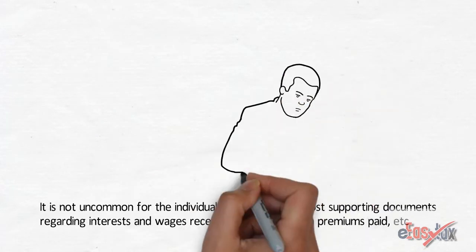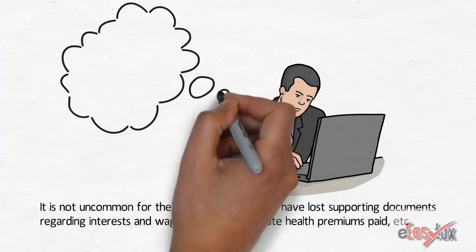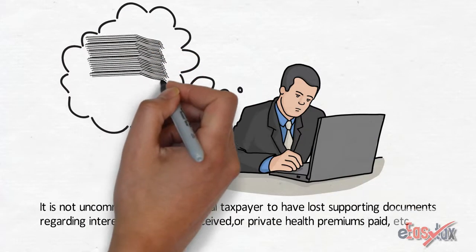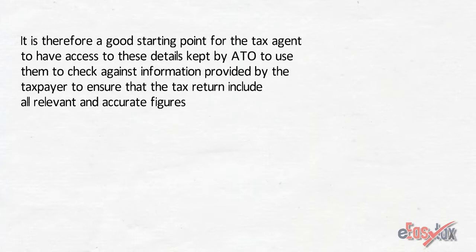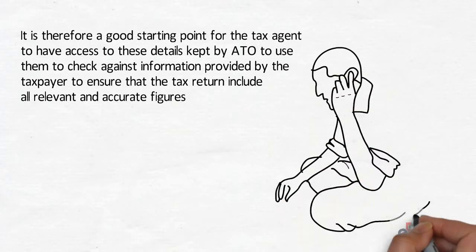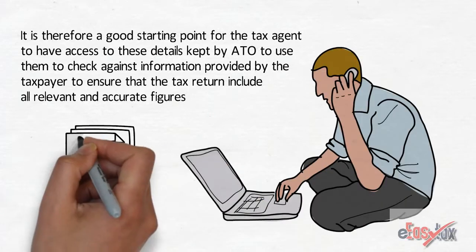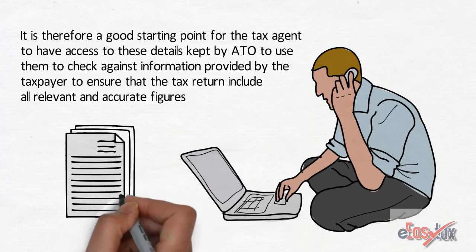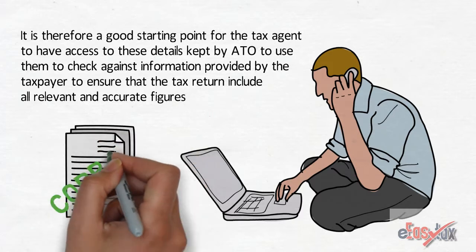It is not uncommon for the individual taxpayer to have lost supporting documents regarding interests and wages received, or private health premium paid, etc. It is therefore a good starting point for the tax agent to have access to these details kept by ATO, to use them to check against information provided by the taxpayer to ensure that the tax return includes all relevant and accurate figures.